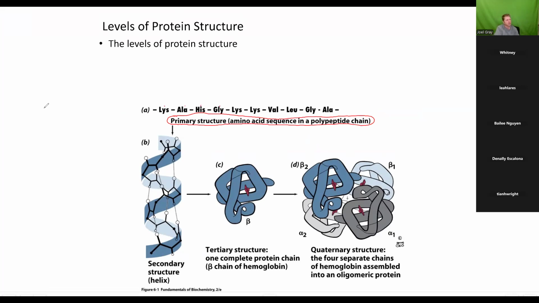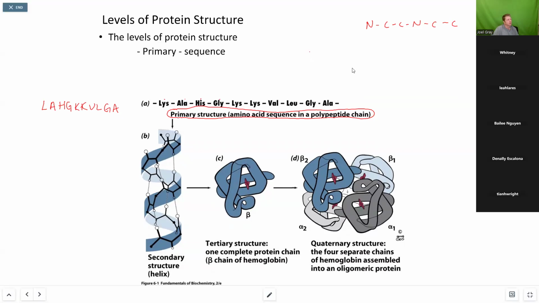You could also see that listed as L, A, H, G, K, K, V, L, G, A. So you list this in the N-terminus to C-terminus direction, which is why whenever I'm drawing or writing out a peptide, I'm going to write it N to C. Now, that primary structure is just the sequence, and it's stabilized by peptide bonds, so covalent bonds.